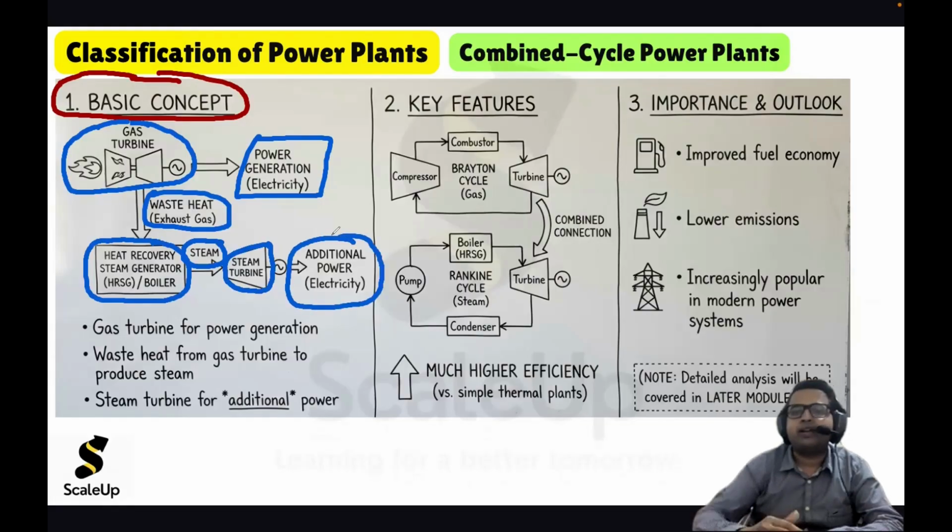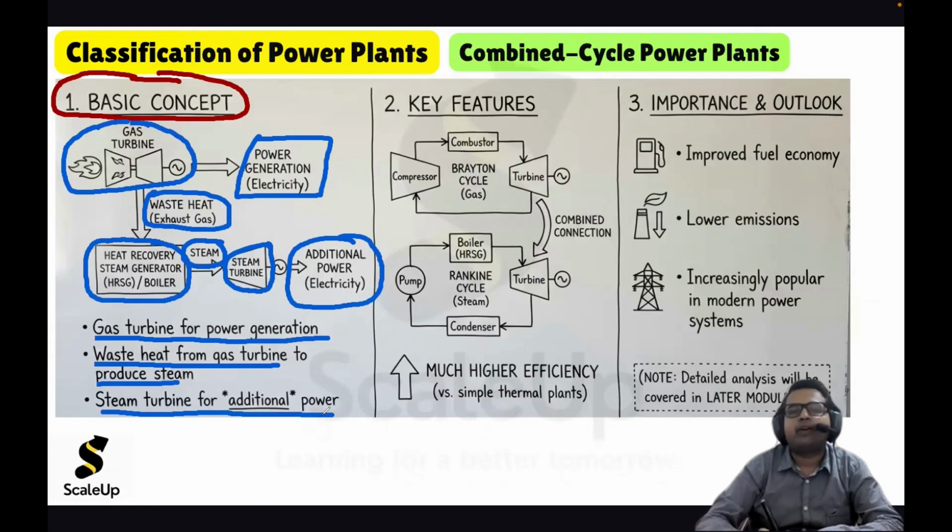So this is the combined cycle power plant. See, so effective it is. Here the gas turbine is used for power generation. Waste heat from the gas turbine is used to produce steam, and the steam turbine will produce additional power. So this is how combined cycle power plants work.